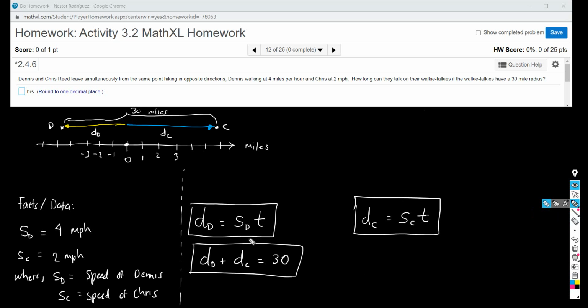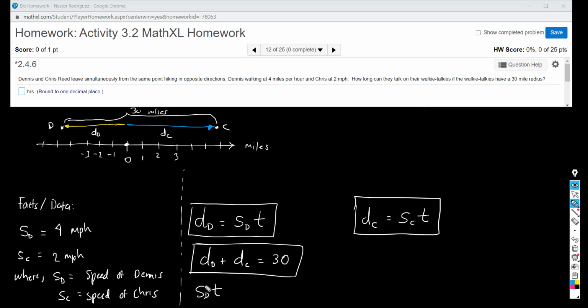And now what I can do, guys, is combine these three equations. Okay, combine them. How? In this way. If you notice, the distance walked by Dennis is equal to this, so I can write the following. I can transform this equation into this one.